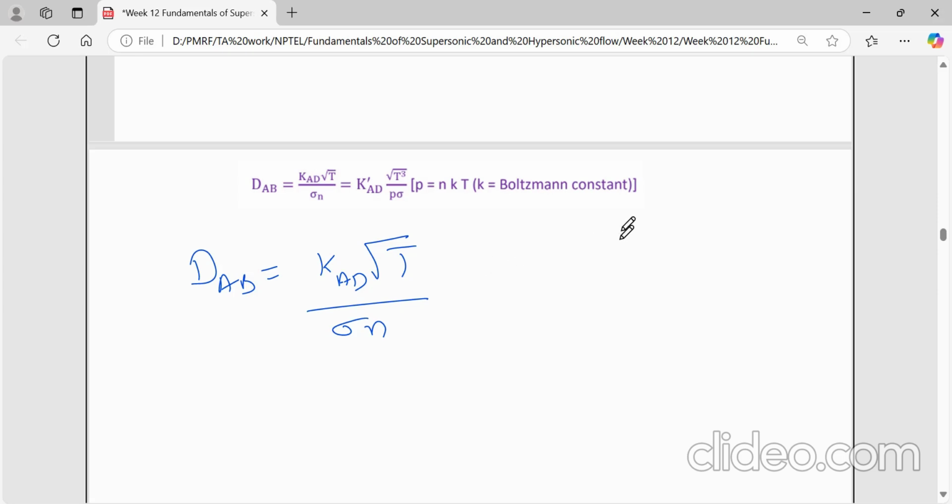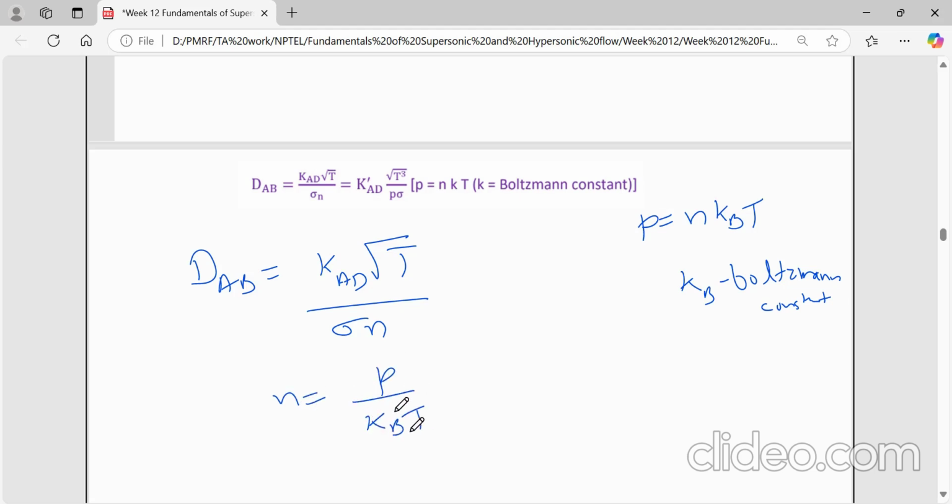And we know that P equal to N k_B T, where k_B is the Boltzmann constant, so we can write N equal to P upon k_B T.